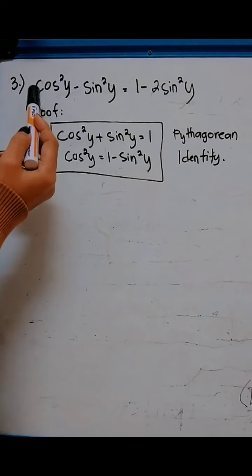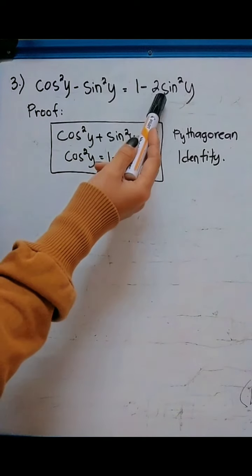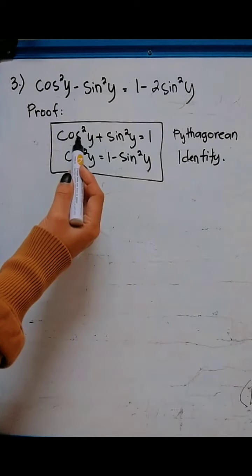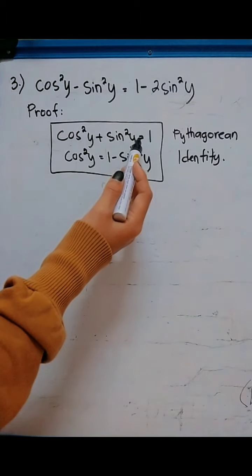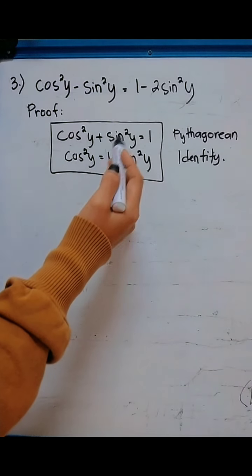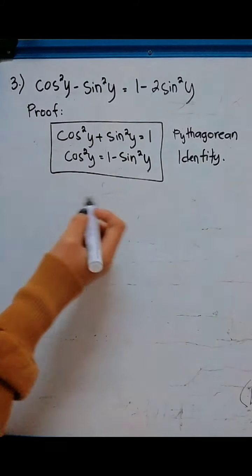Prove that cosine squared y minus sine squared y is equal to 1 minus 2 sine squared y. Proof: from the basic definitions of sine and cosine and the Pythagorean identity, cosine squared y plus sine squared y equals 1. And then we transpose this sine squared y to the other side, so it becomes cosine squared y equals 1 minus sine squared y.